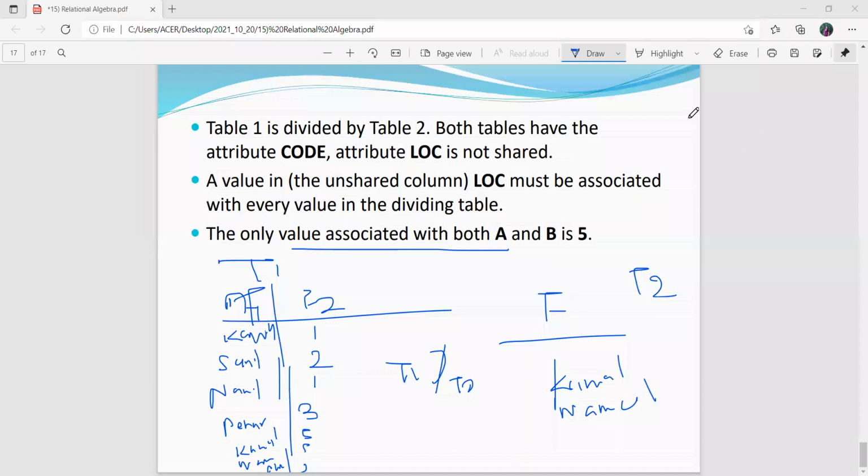Can someone answer my question? Not 1, there are some other values. 5. Then yes, 1 and 5 are the output of T1 divided by T2. Both 1 and 5 are the answer.